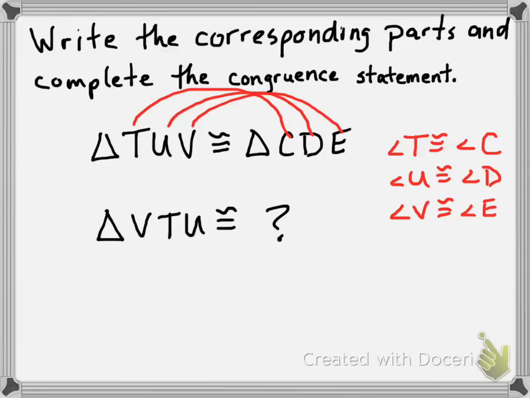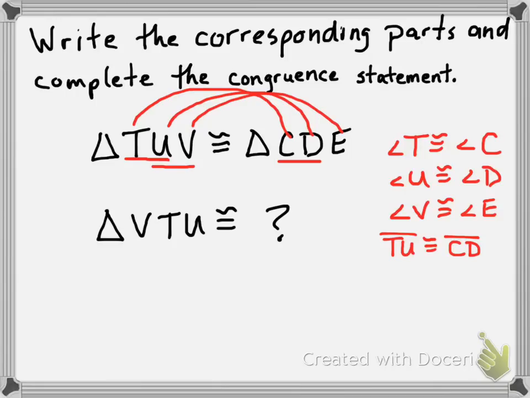So I can look at the first two letters, TU. So that side is going to correspond to the first two letters, CD. So I know that the side TU is congruent to the side CD.